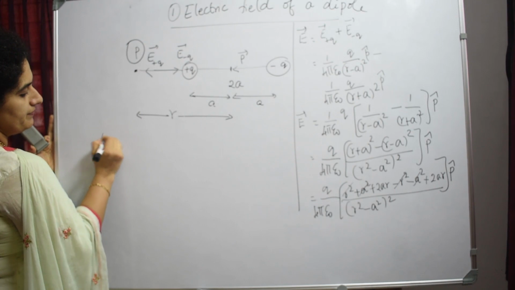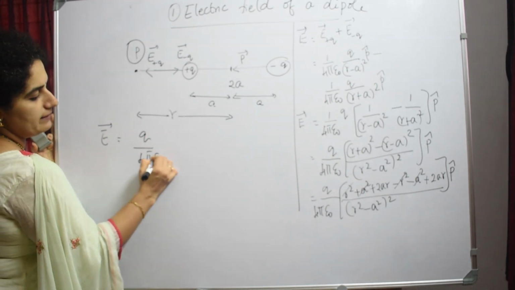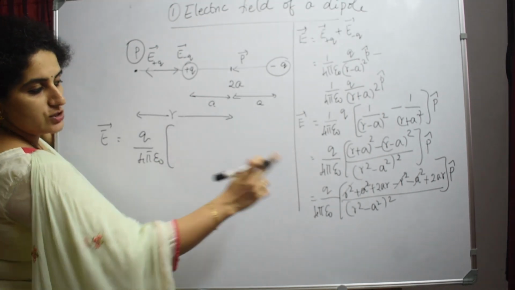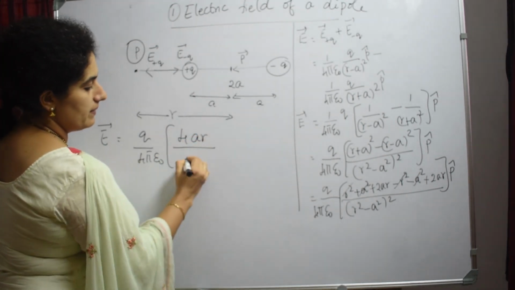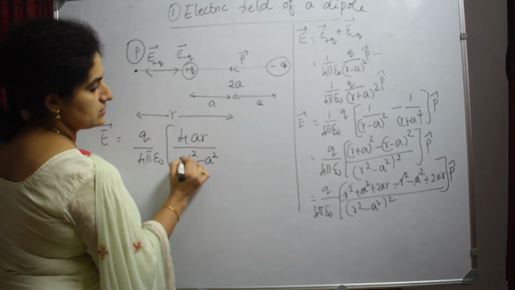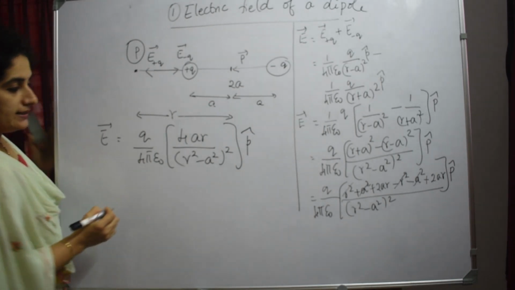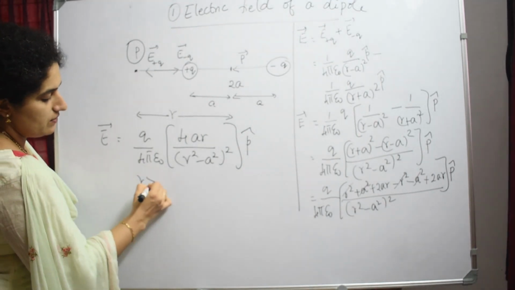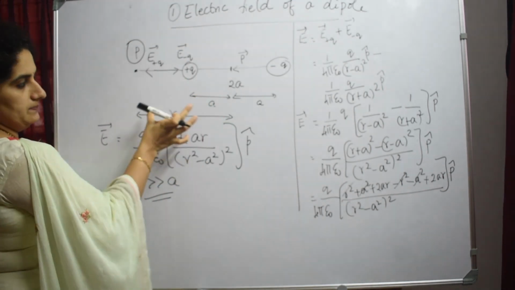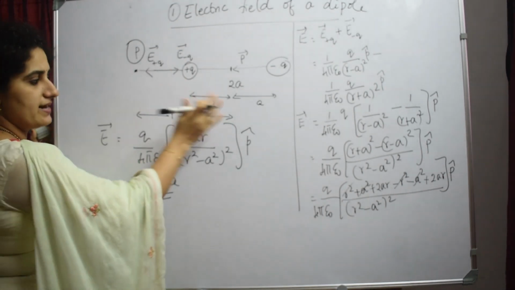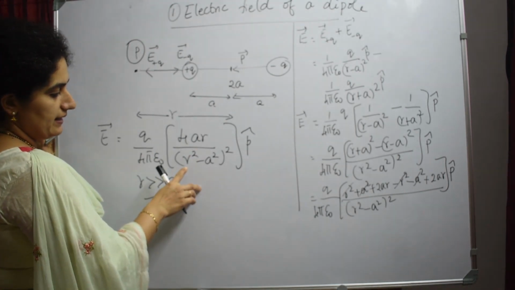So E will be equal to q by 4 pi epsilon naught into 2ar plus 2ar, it is 4ar divided by r square minus a square the whole square into p cap. Now if I consider r very much greater than a, so this r is so much greater than a, then this can be neglected.